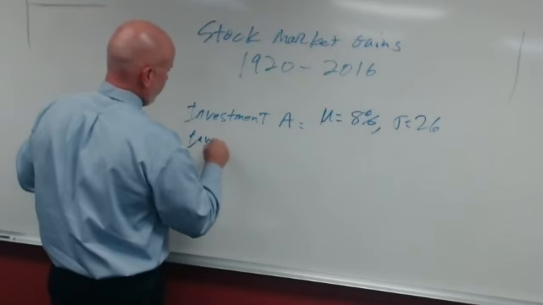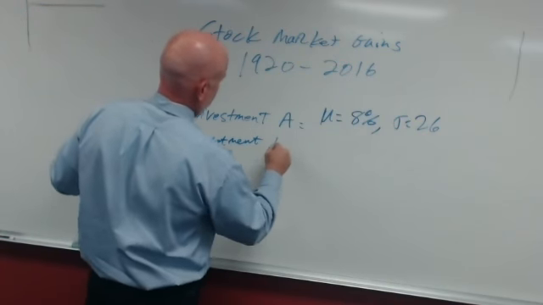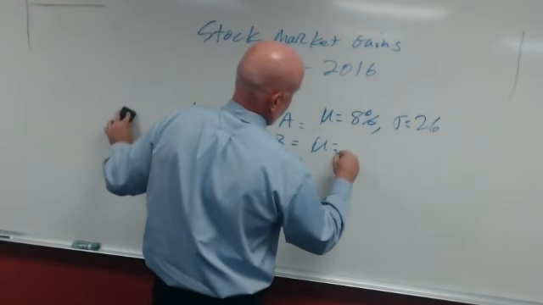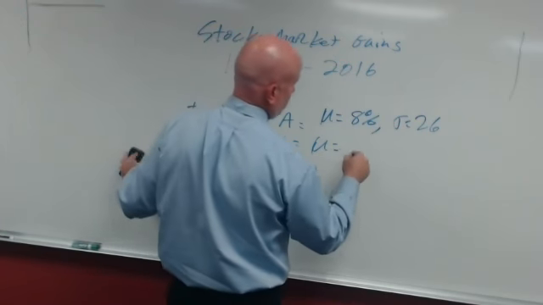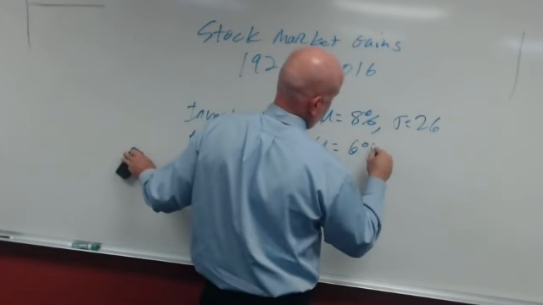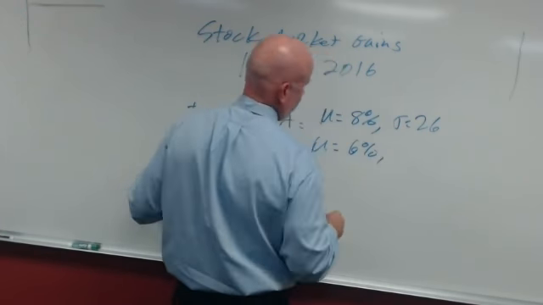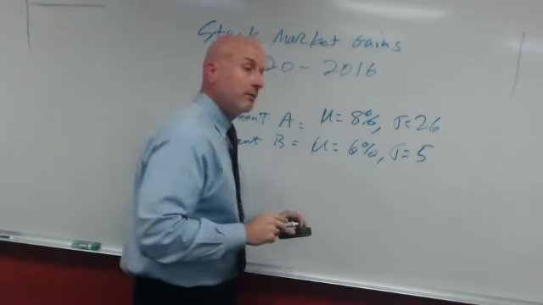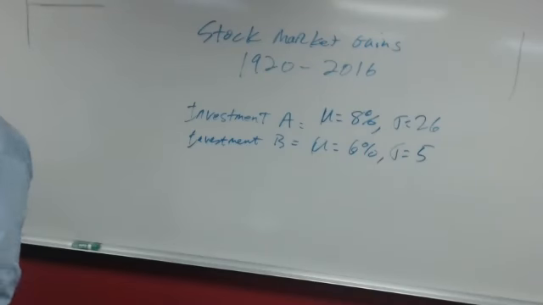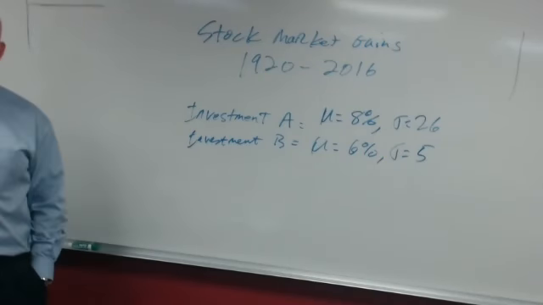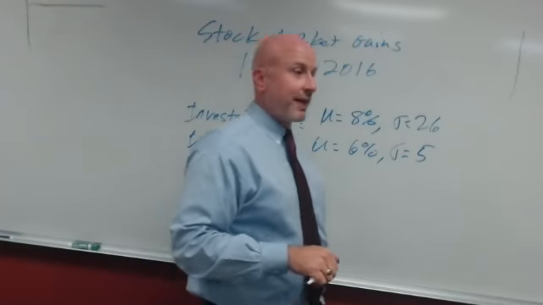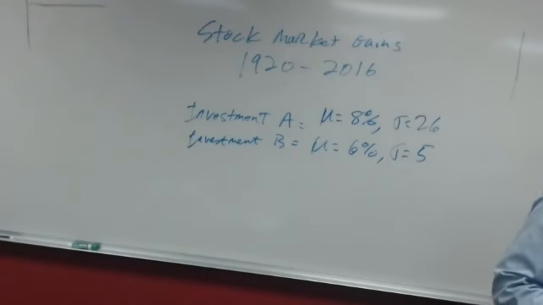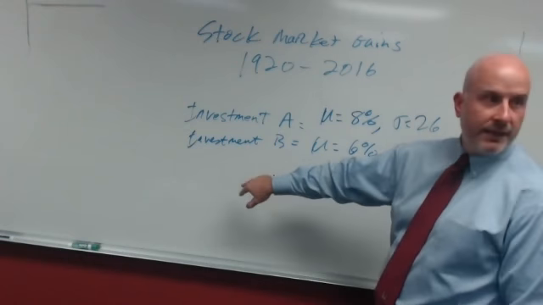And then investment B has a mean of 6%, with a standard deviation of 5. And you're trying to explain to someone what they might expect by choosing either one of these investments.